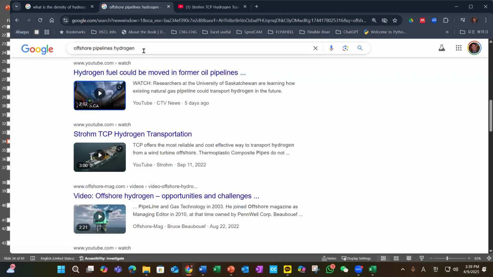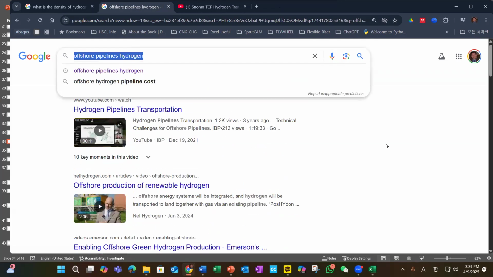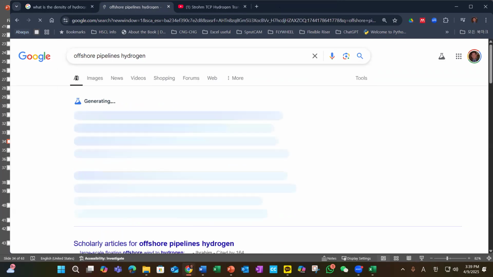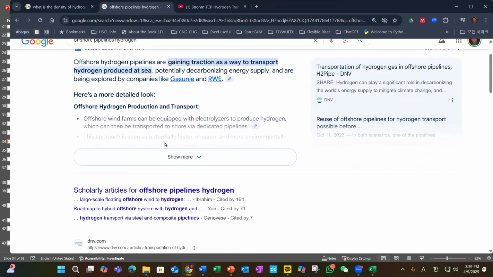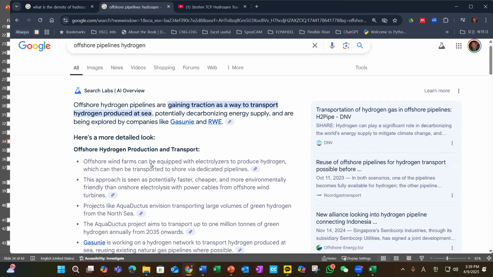If you type in offshore pipeline hydrogen, you can find a lot of information. It gives us an overview of the offshore hydrogen pipeline.